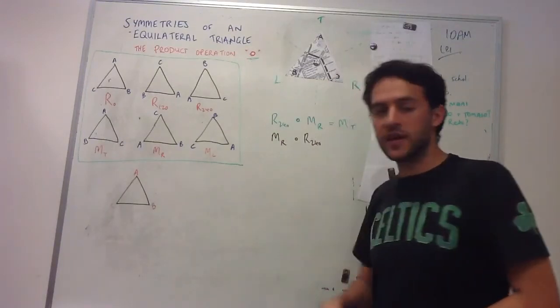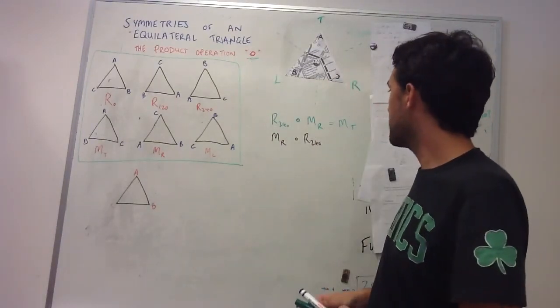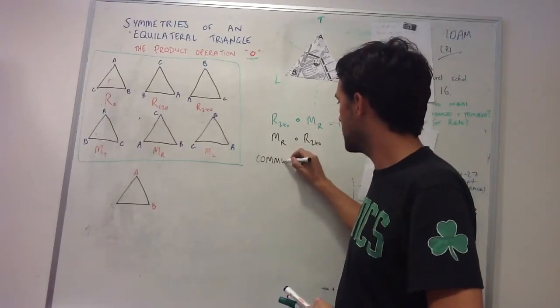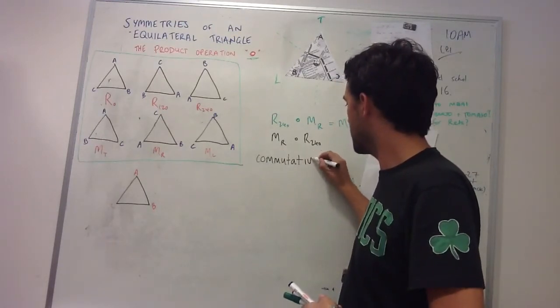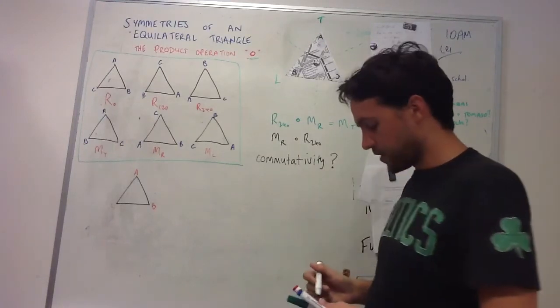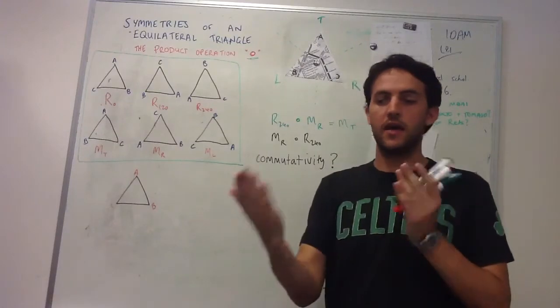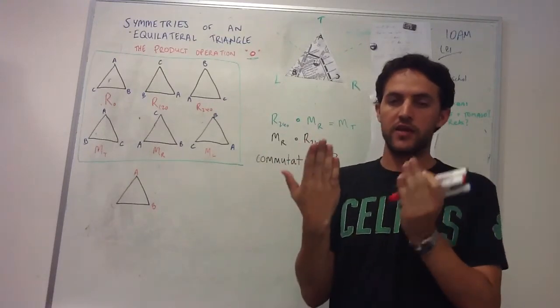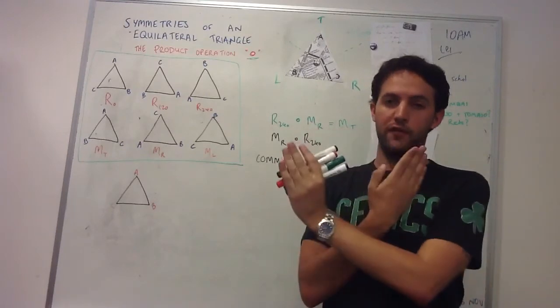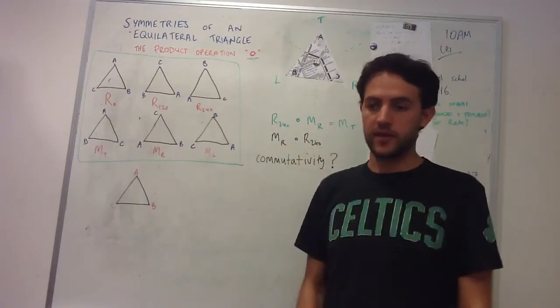Now, with multiplication, we have this property that's known as commutativity. So what commutativity means is just that if you're taking the operation between two things, it doesn't matter whether you do 3 times 5 or 5 times 3. The result will be the same.